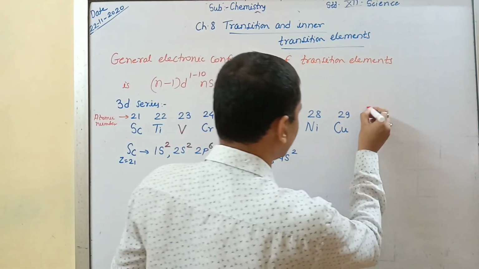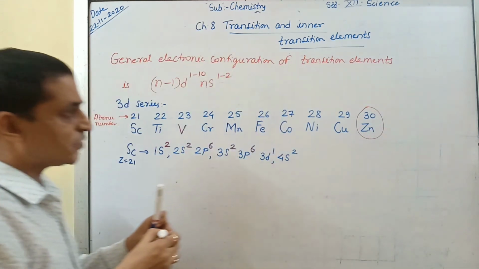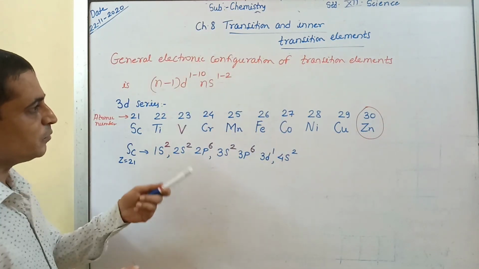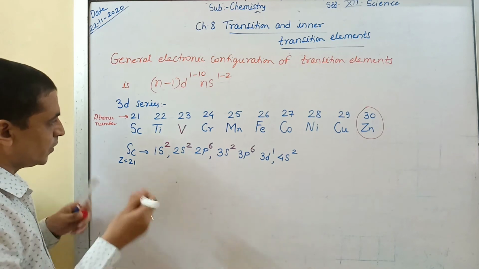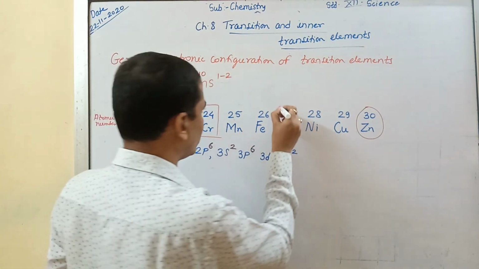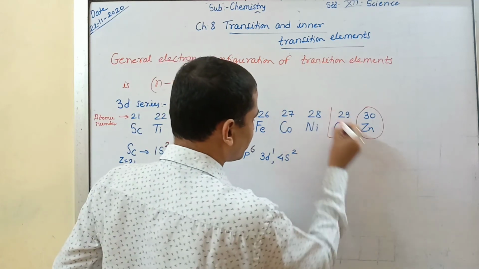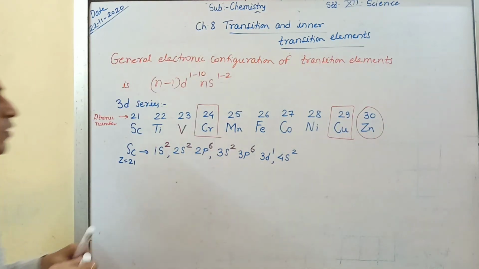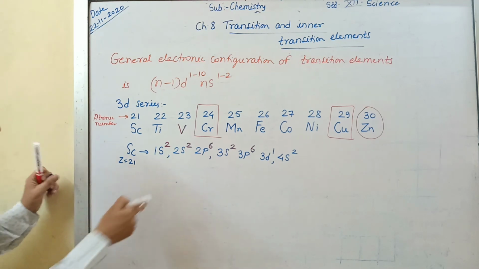Zinc contains 3d10, therefore it is not a transition element, but it can be studied under transition elements. Now I have to concentrate on these elements, chromium and copper, because they show different electronic configurations.